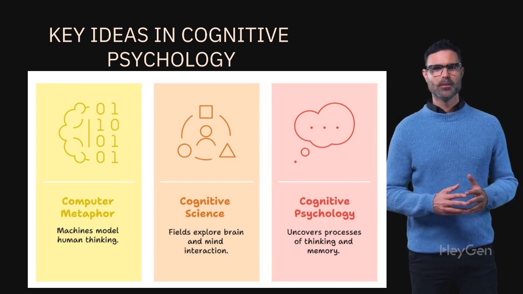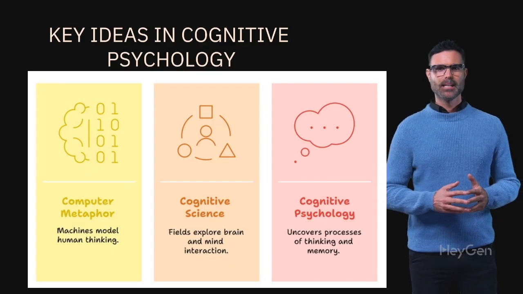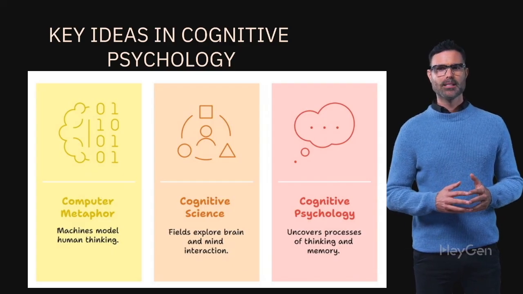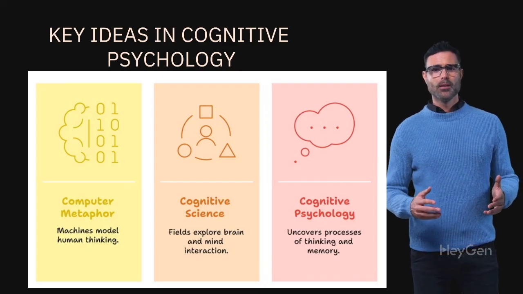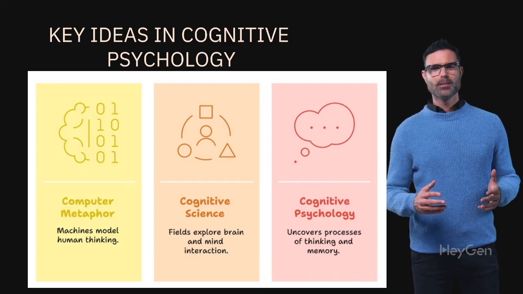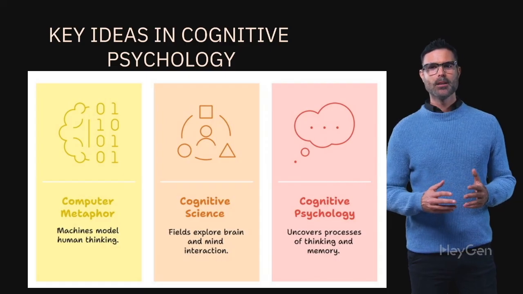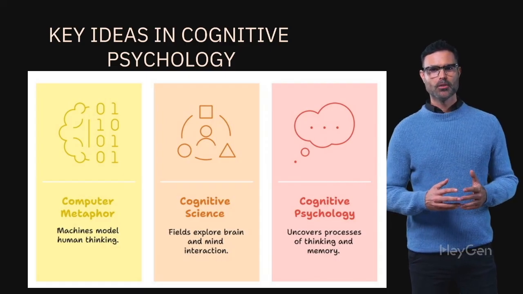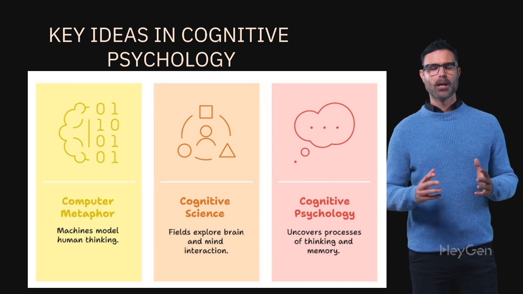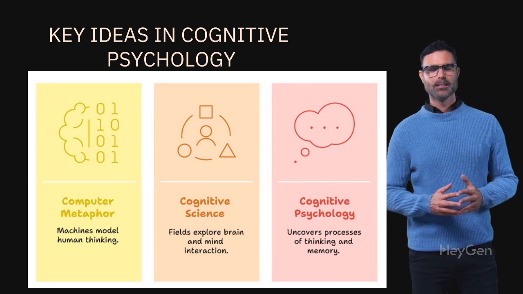Third, cognitive processes don't work in isolation. They constantly interact with each other and with non-cognitive processes like emotions and motivations. Fourth, to truly study cognition, we need to use a variety of scientific methods, experiments, observations, case studies, and even simulations. Finally, there's a strong link between research and real-world applications. Basic research often leads to practical solutions, and applied research often uncovers deeper, theoretical insights.